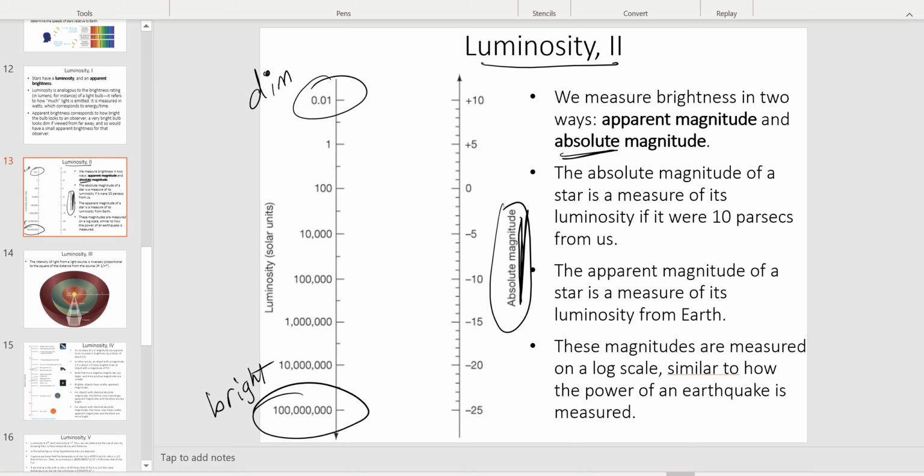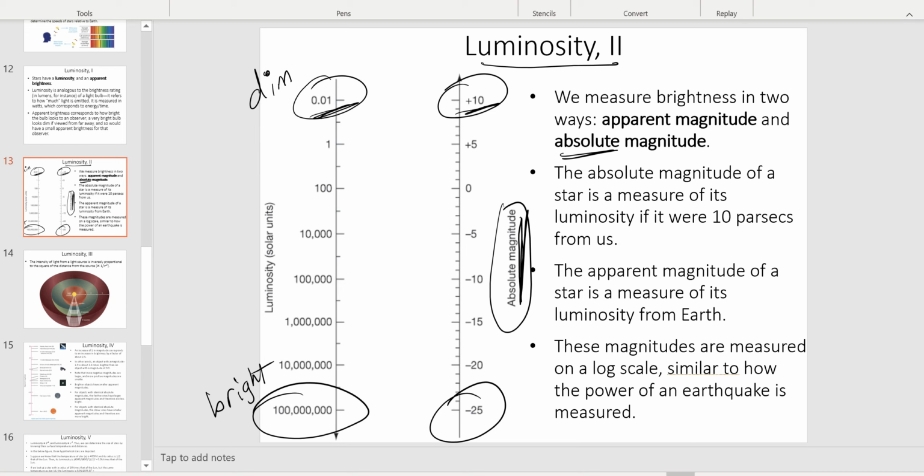But notice that the absolute magnitude is negative down here and positive up here. This is just the way that the scale is defined. So a very negative absolute magnitude is a very bright star. Minus 25 on the absolute magnitude scale corresponds to around 100 million solar units, a very bright star. Positive 10 corresponds to a very dim star.